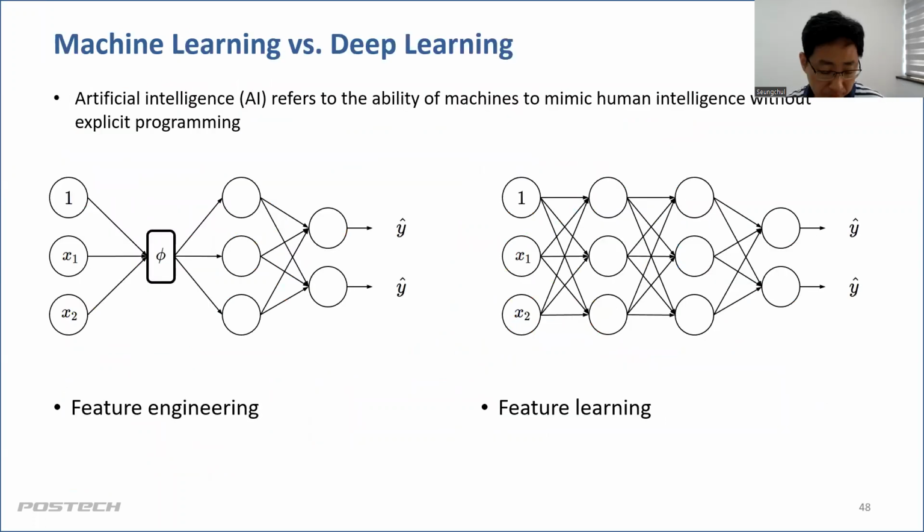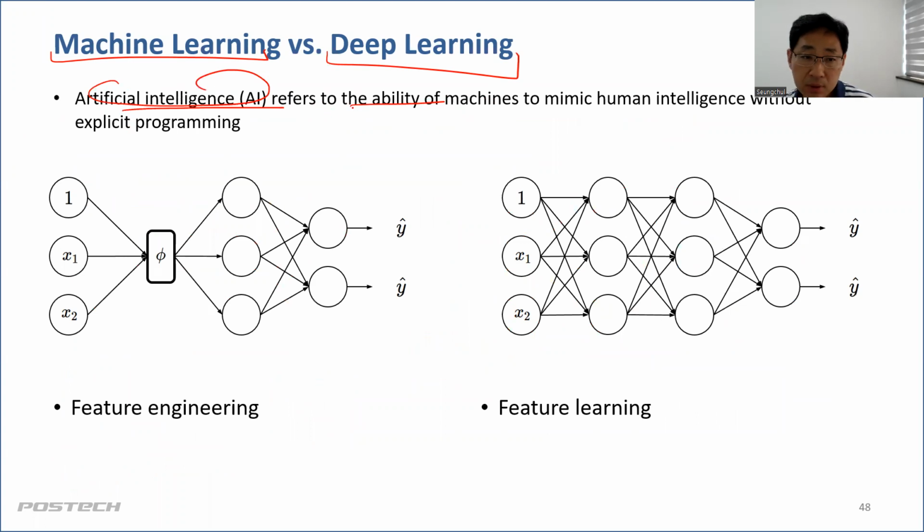Okay, so before that, let's say machine learning versus deep learning. AI refers to the ability of machines to mimic human intelligence without explicit programming. That's kind of the formal definition of AI.